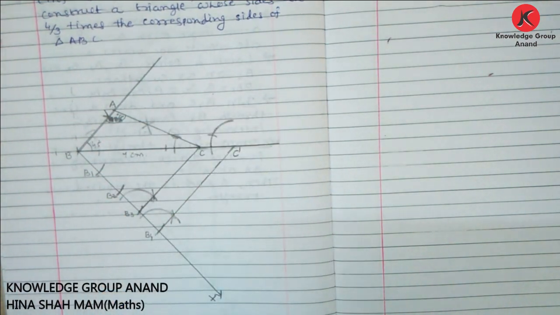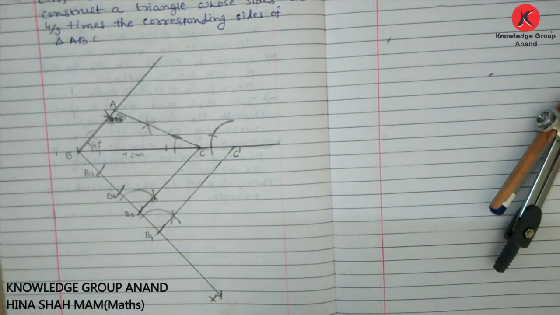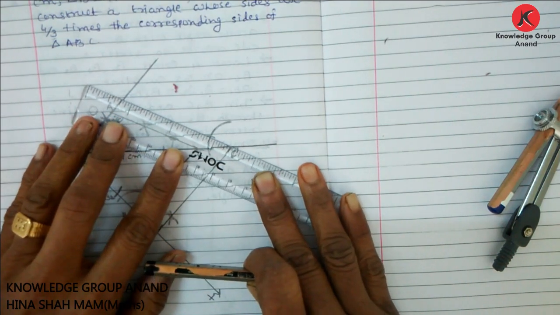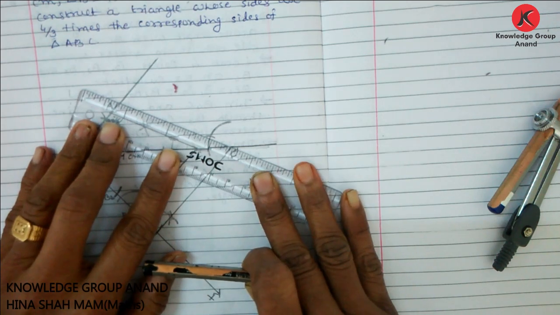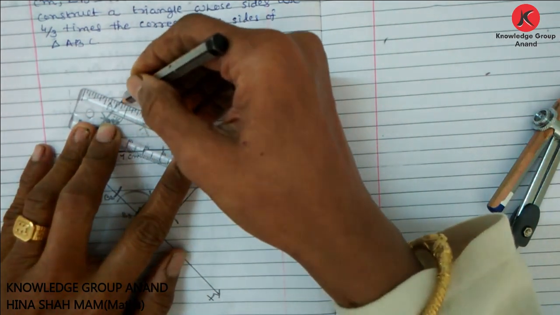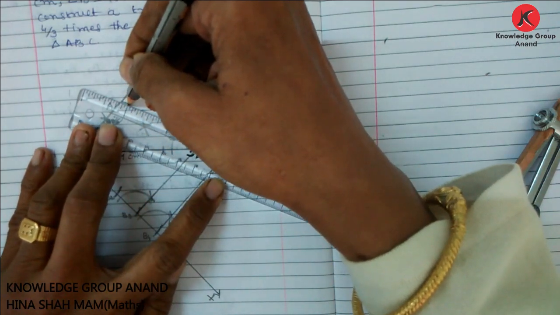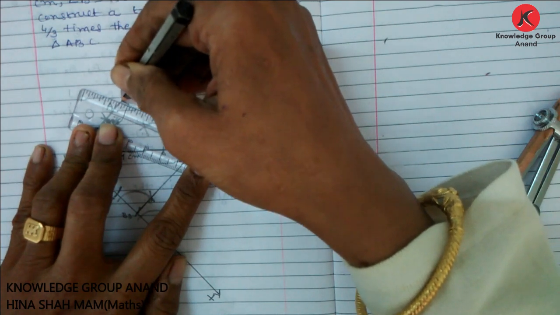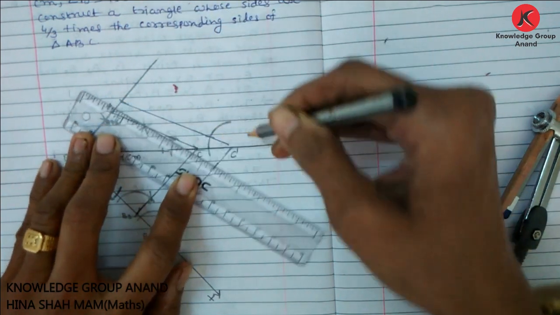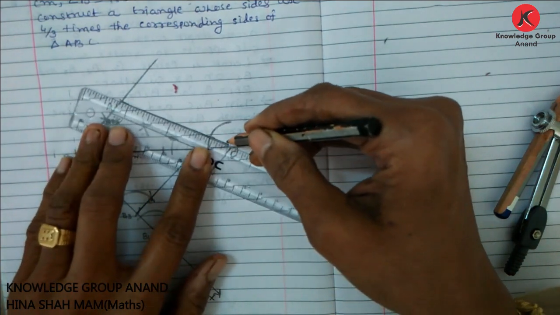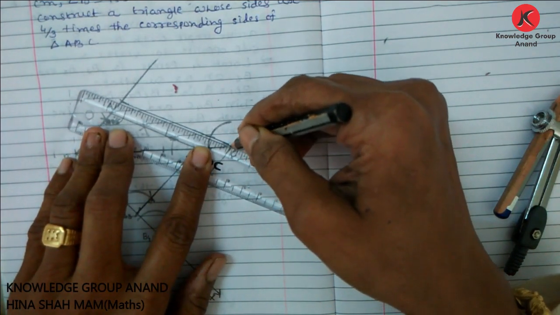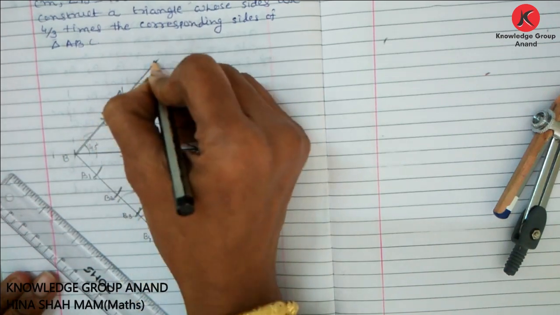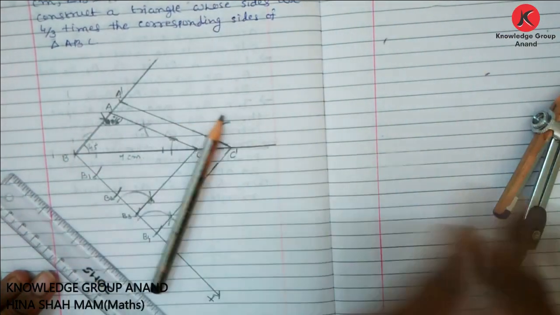Then we draw here this angle and pass it from C dash through C dash parallel to AC, which is intersect extended line BA at.